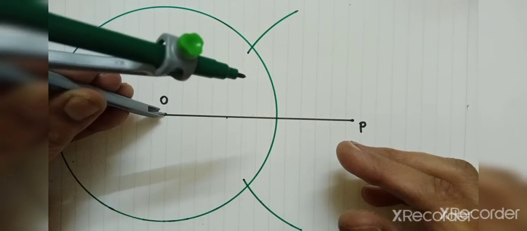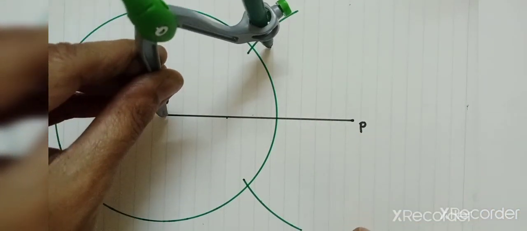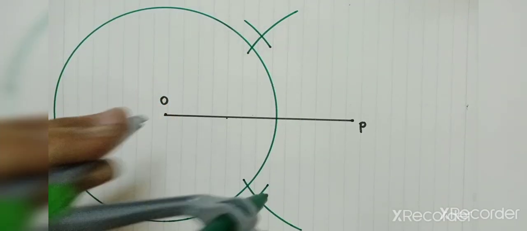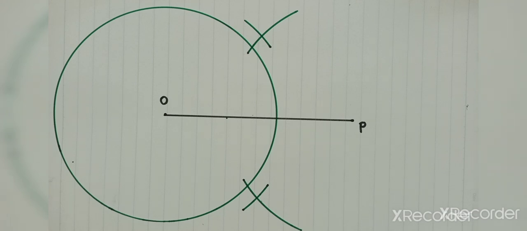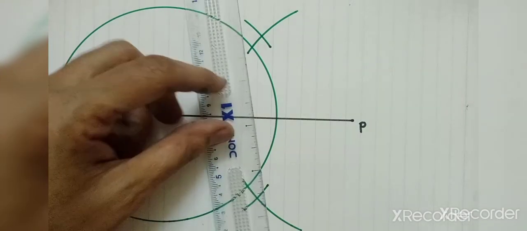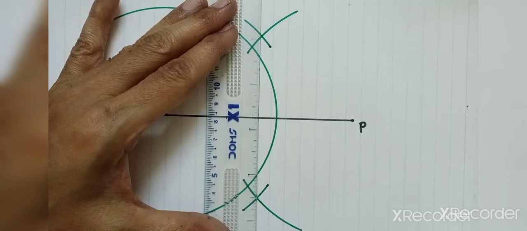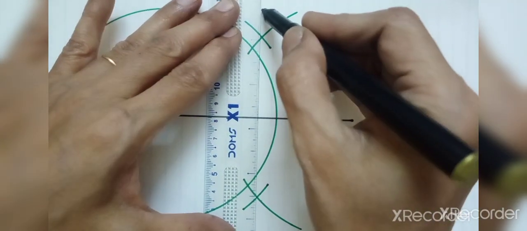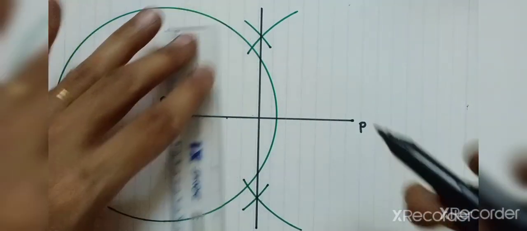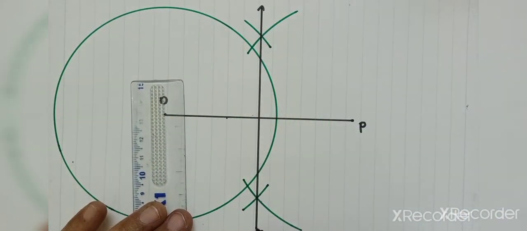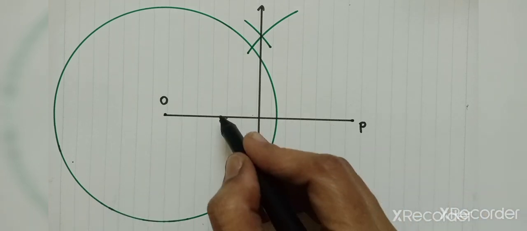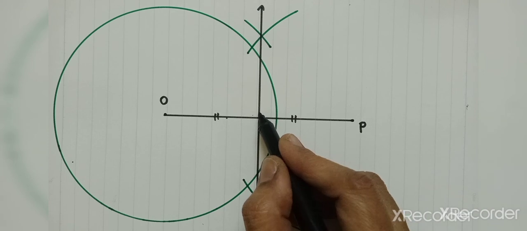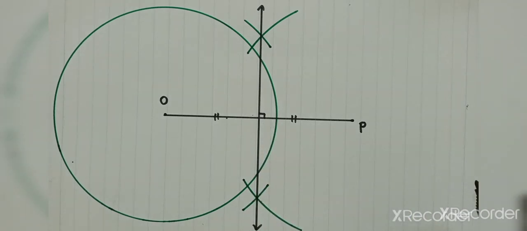Now with O as a center, you draw two arcs intersecting the previous ones. Okay. Now join these two intersecting arcs. You will get a line which is the perpendicular bisector of segment OP. So this is the perpendicular bisector. So you give those identical signs here, bisector, and this is the perpendicular sign.